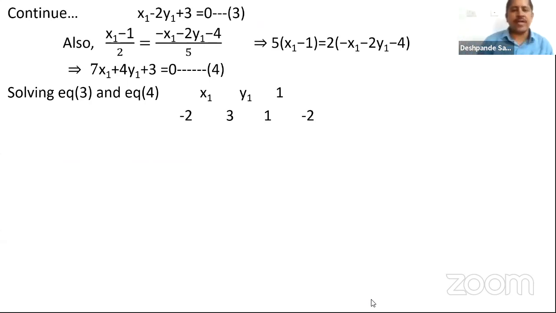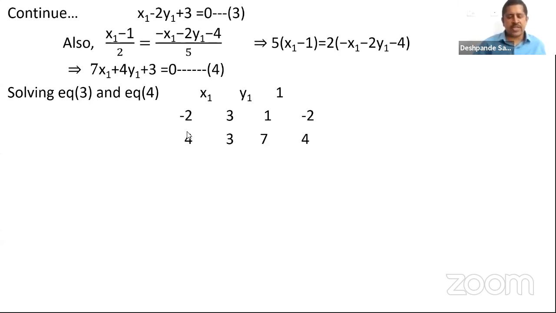So the first term you get as x1 by 1, and then the coefficient of y, constant term, coefficient of x, coefficient of y. So it is 2, 3, 1, 2 sequence. So minus 2, 3, 1, minus 2. Likewise, 4, 3, 7, 4.